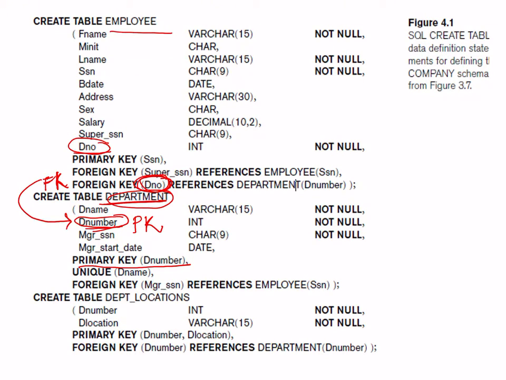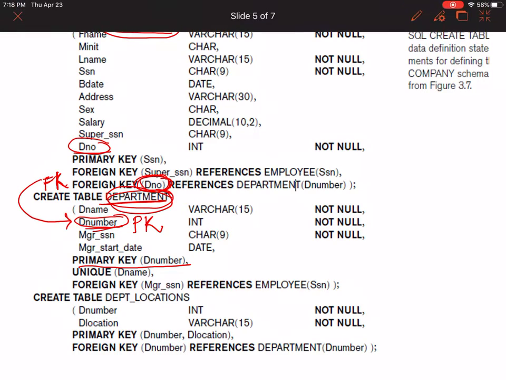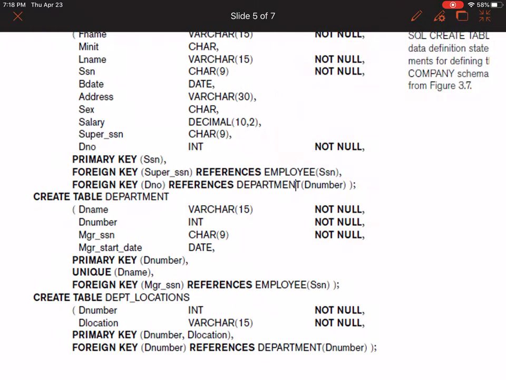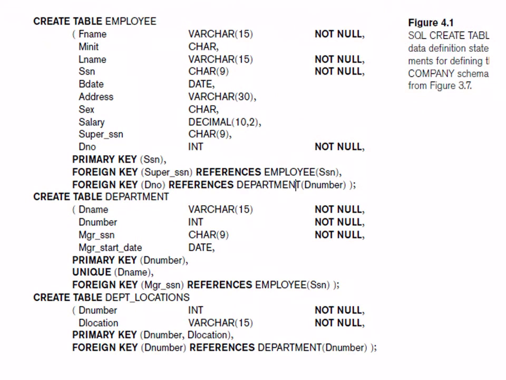So are we getting this? We have built a relationship between these two tables. Which two tables? Employee table and department table. Let me just clear the screen and do it one more time. I hope you understand, so please go slow in understanding.